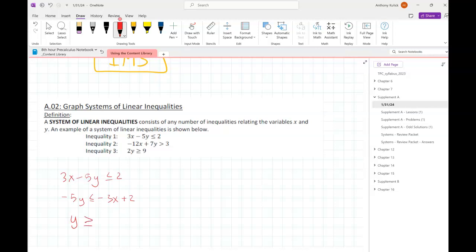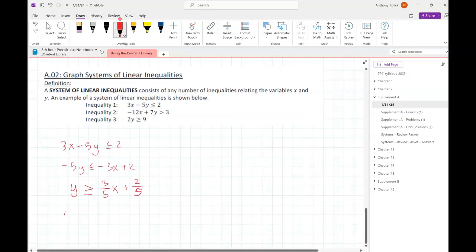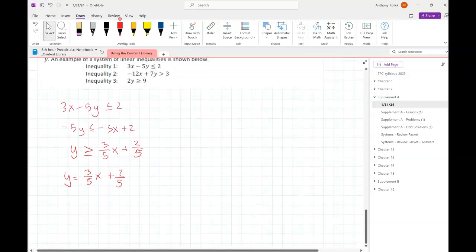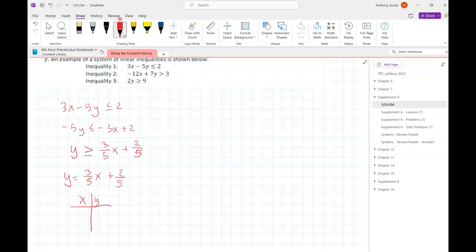The inequality symbol reverses directions. When we divide by a negative, same thing if we multiply by a negative. I'm then going to pretend that that is an equation, and I'm going to find the points on that line.